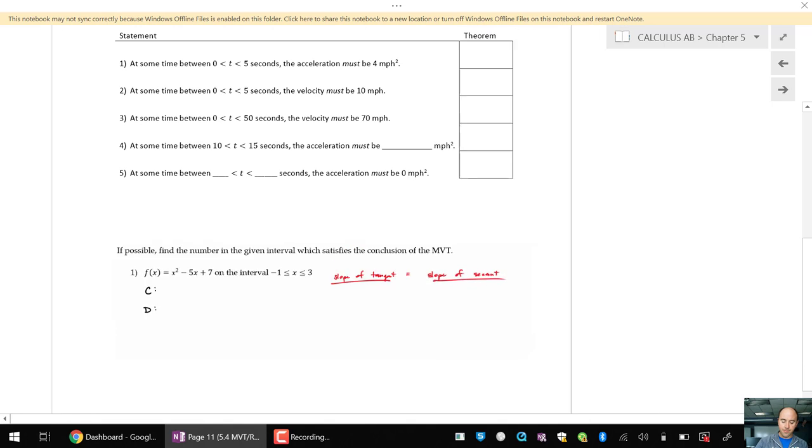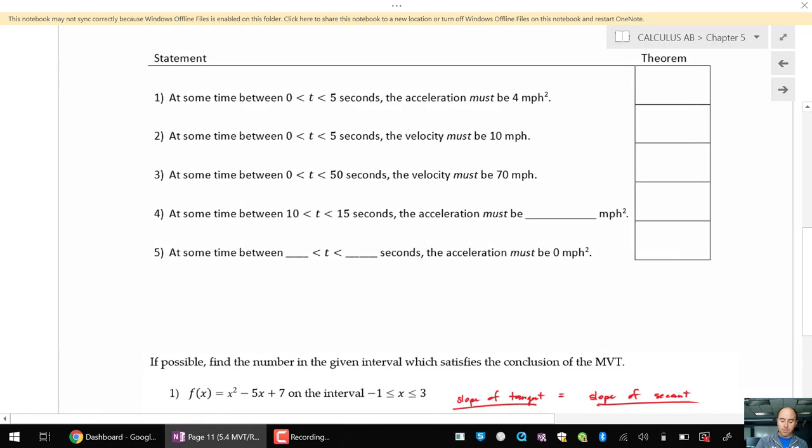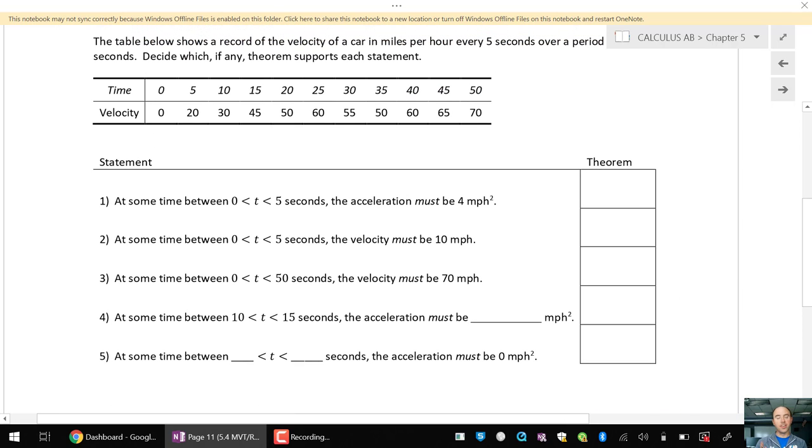Statement 1 says that at some time between 0 and 5 seconds, the acceleration must be 4 miles per hour squared. And by the way, notice that the table is a velocity table. So we're dealing with the function that is velocity. Well, acceleration, if I start with that word, that's the derivative of velocity.